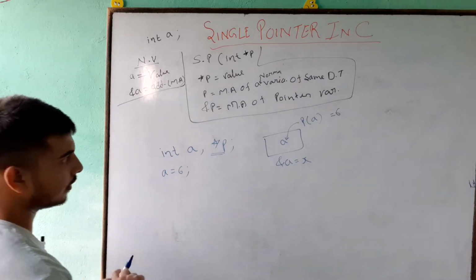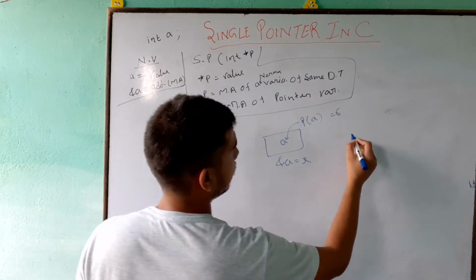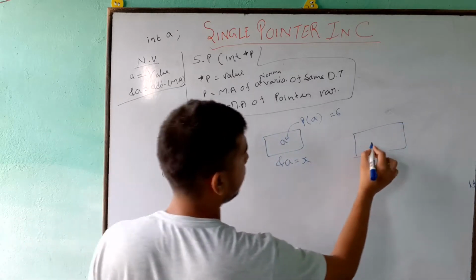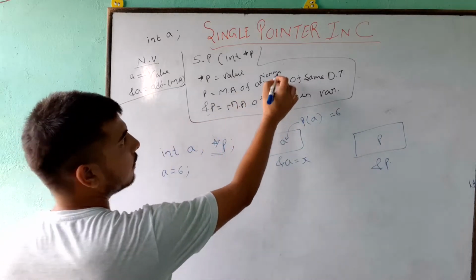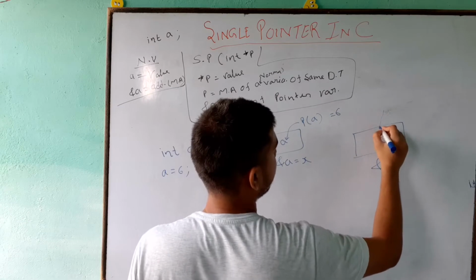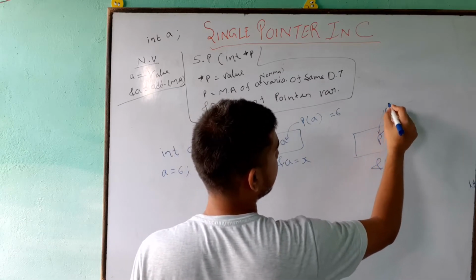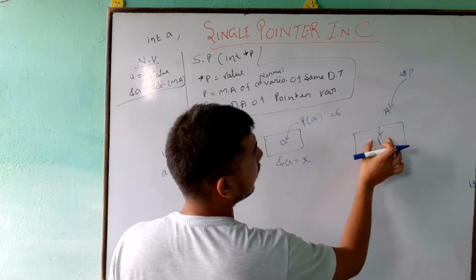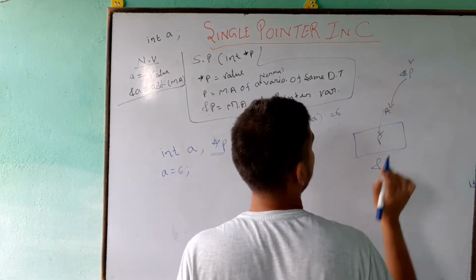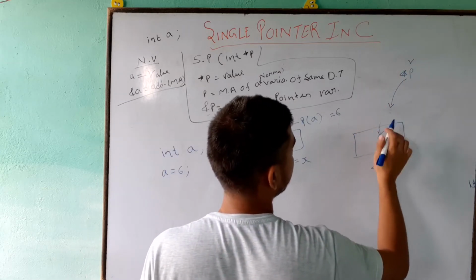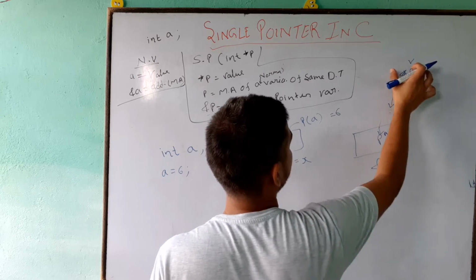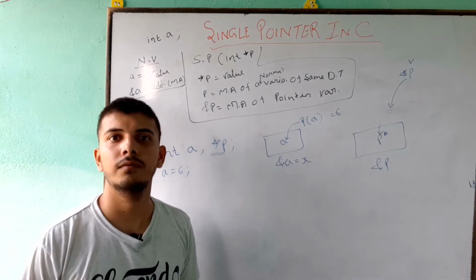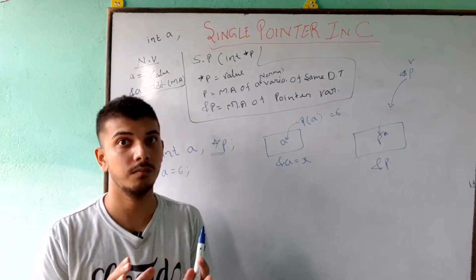When I am defining p, &p will be the main address, and p will hold the main address of a normal variable. This is an address, and what is stored at this address will be *p, and this will be the value. So this will be an address and this will be a value, of the same data type. For example, an integer pointer variable will only hold the address of an integer normal variable.